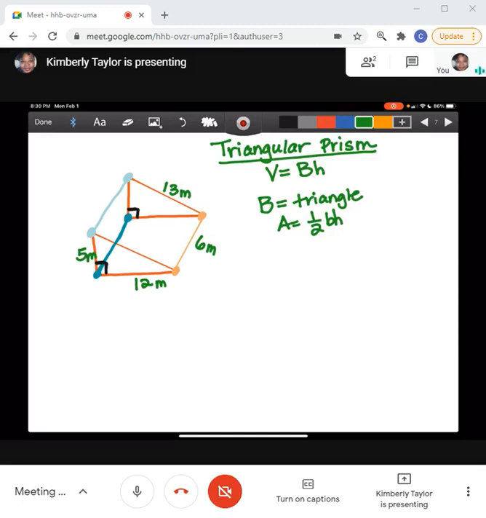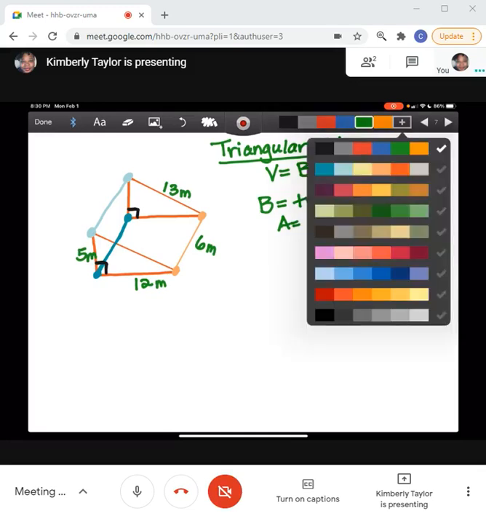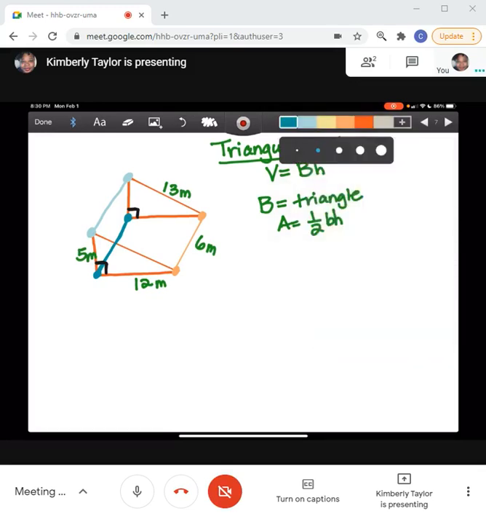So the base of the triangle, now I'm looking at this triangle that's at the bottom. Okay, so if I shade this in, okay, it's a right triangle. You can always redraw this stuff.